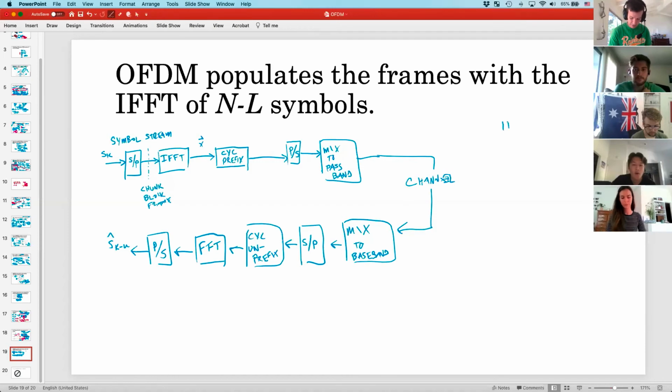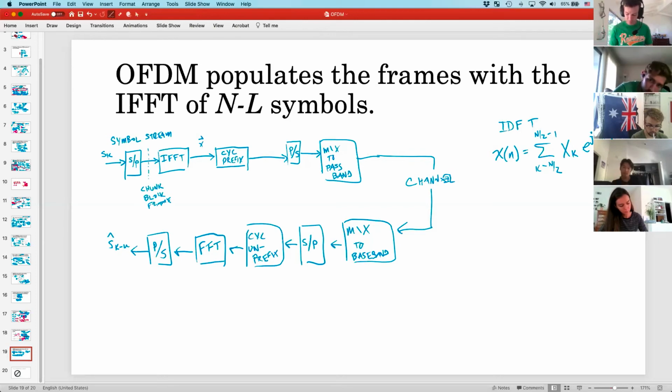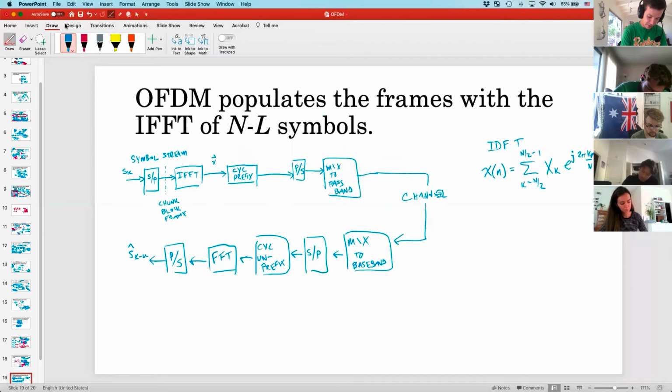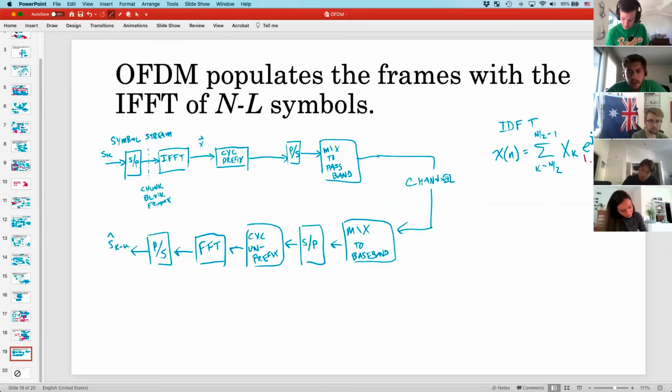So doing an inverse DFT, this is something like the nth sample is the sum over a bunch of frequency domain objects, capital X sub k, times e to the positive j 2 pi k n divided by the frame length N. And so the orthogonal in OFDM comes from the fact that these basis functions are orthogonal.